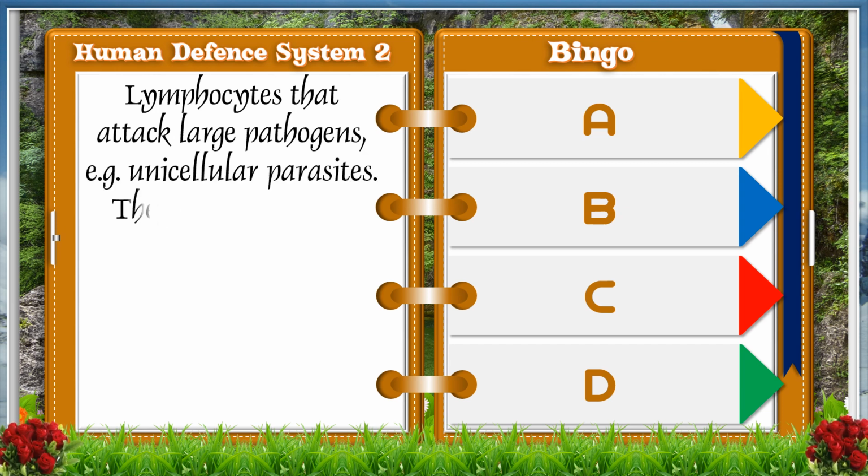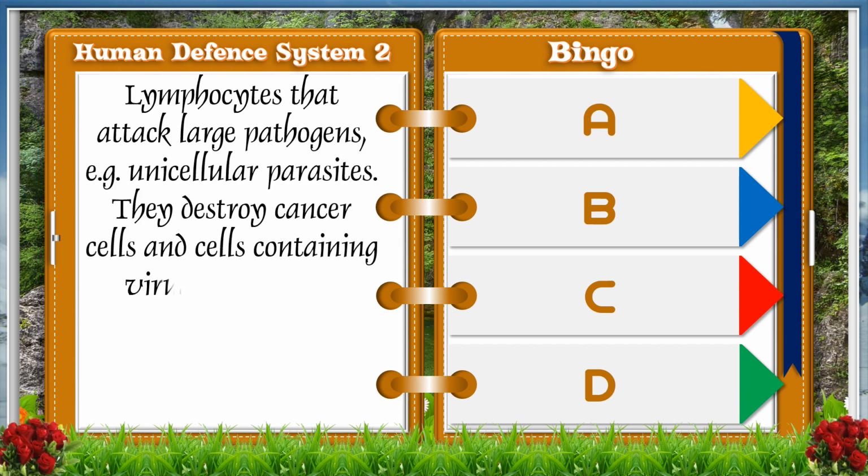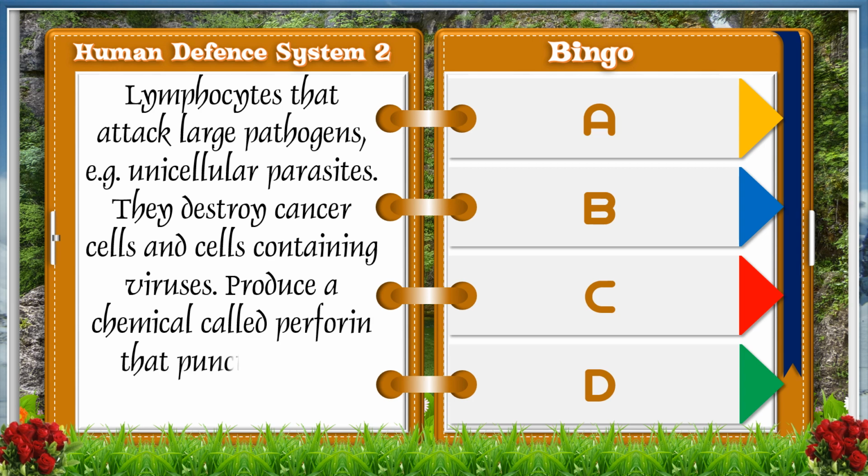Lymphocytes that attack large pathogens, for example, unicellular parasites. They destroy cancer cells and cells containing viruses, produce a chemical called perforin that punctures cell membranes.